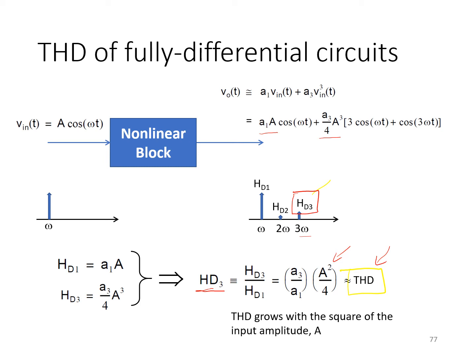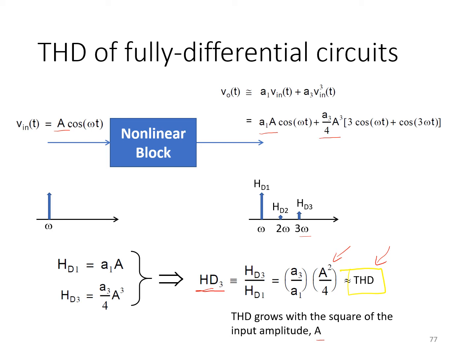So if you imagine an experiment where you apply a very small at first sinusoidal input to an amplifier, and you gradually start increasing the amplitude A at the input, what you would see is that the output fundamental would grow in proportion, but the dominant third order harmonic would grow much faster. And so the THD is going to get worse with the square of the input amplitude A.